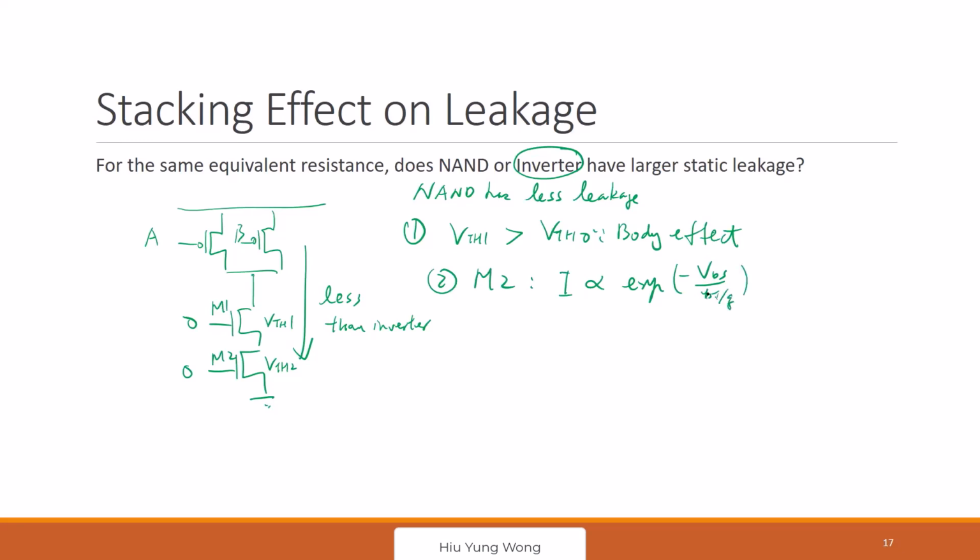But the most important thing is that it is proportional to negative VDS. VDS is smaller than in an inverter, right? We can look at it this way, so that we actually have much less leakage. This is called stacking effect.